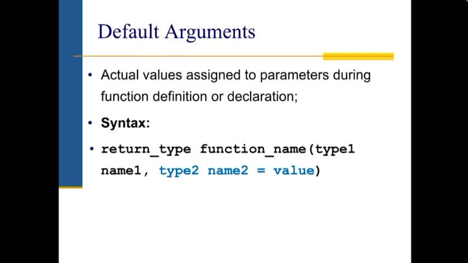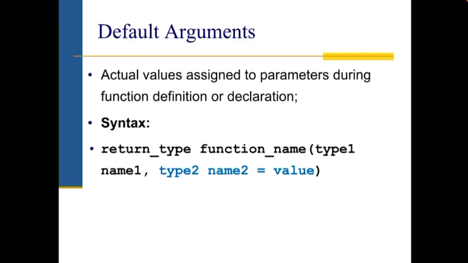So default arguments: actual values assigned to parameter during function definition or declaration. So the default arguments, they are actual values assigned to a parameter during function declaration or function definition.